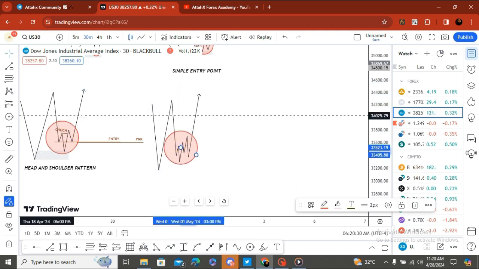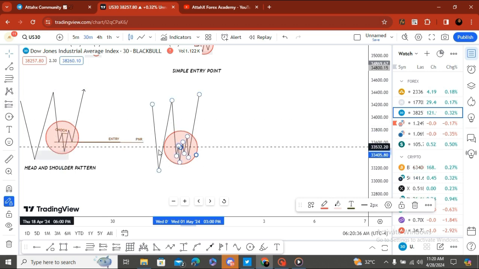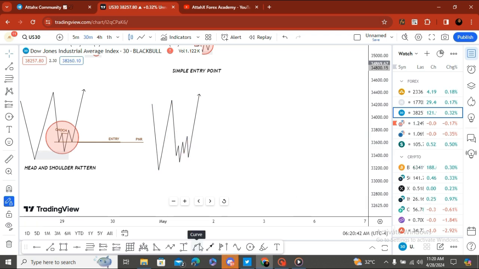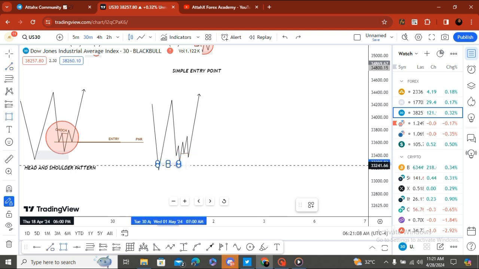They have similarities with this head and shoulder, but there is very much a difference because an internal liquidity is to be taken. That's an internal structure, which is this break of structure right here, and price came back to take out that move using the Quasimodo reversal.